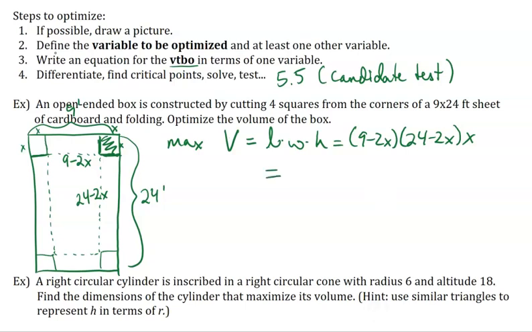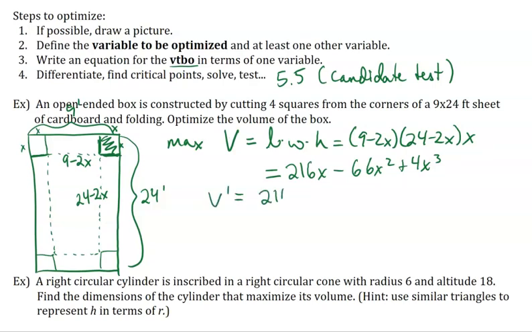So this becomes, all right, 9 times 24 is 216x, and then I've got minus 18 minus 48, but times x, so minus 66x squared, and then plus 4x cubed. Okay, that's better. Step 4, I am now going to take my derivative, find the critical point, etc.